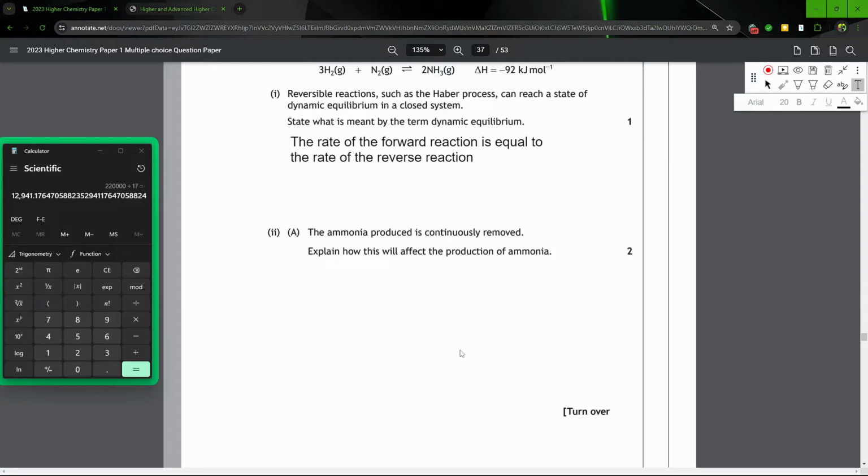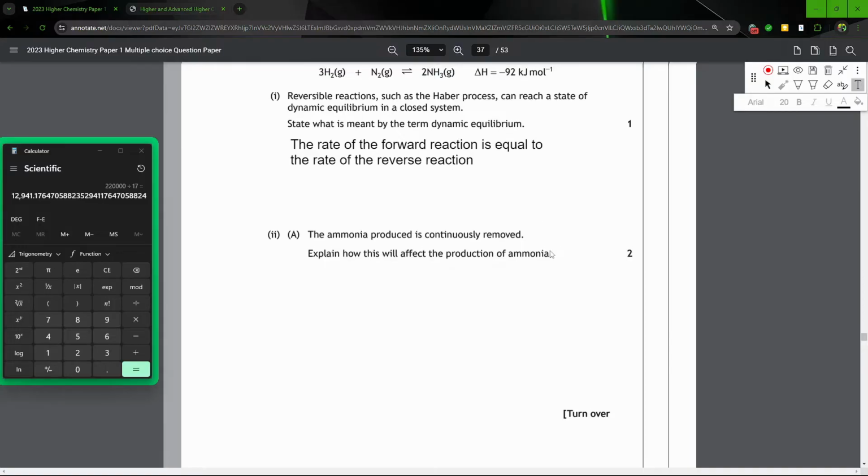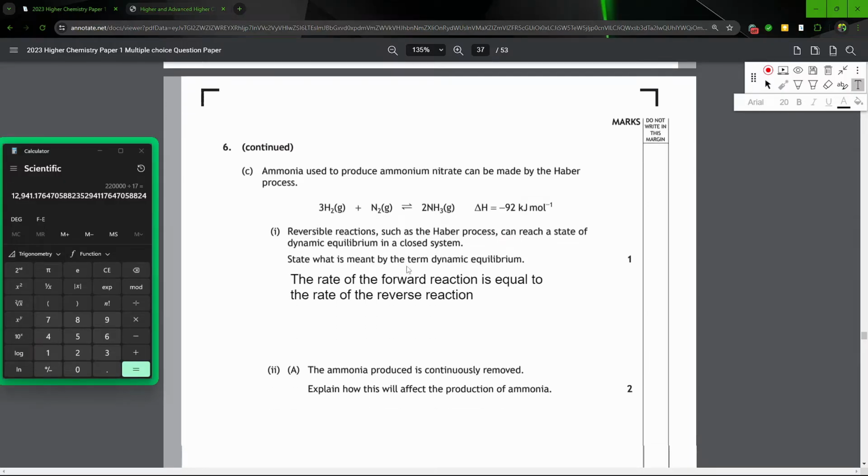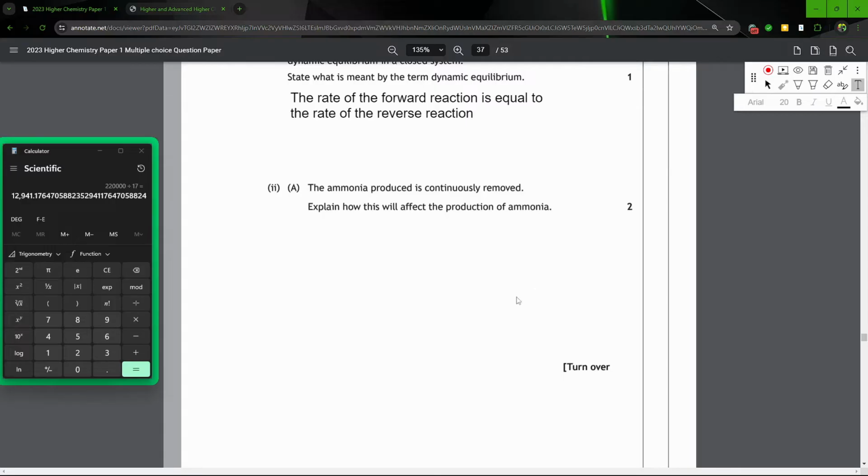The ammonia produced is continuously removed. Explain how this will affect the production of ammonia. So that means that it will favour the forward reaction because there's no reactions going back. There's no ammonia, so the system will shift to produce more ammonia to fill the gap, which would increase efficiency and yield.